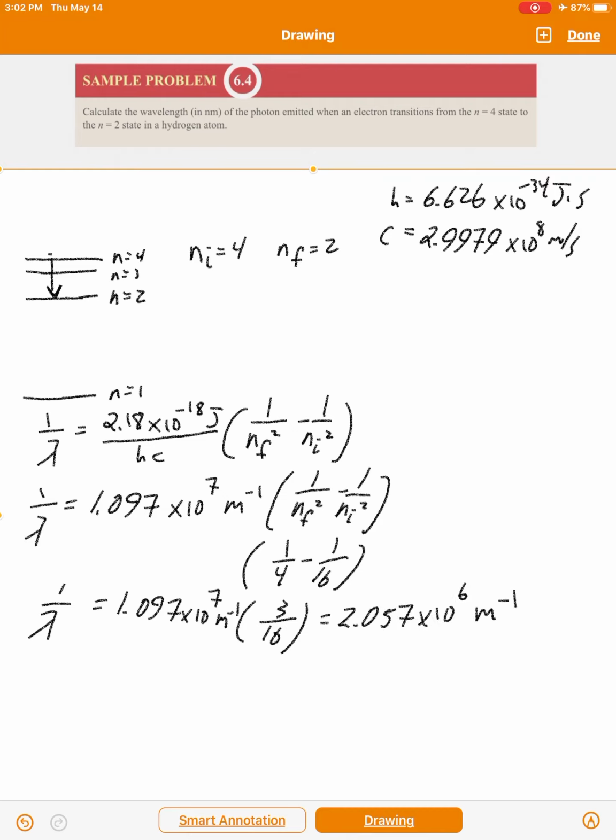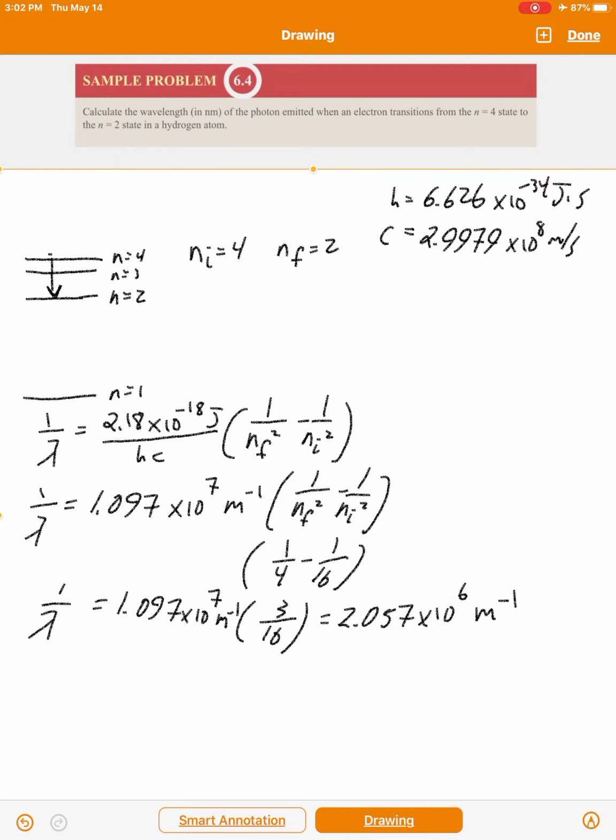Now, keep in mind the n values are unitless, so they're not going to affect the units. But we don't want to know 1 over wavelength, we want to know wavelength, so we've got to take the reciprocal of it. So 1 over lambda is just lambda, so we've got to take the reciprocal of both sides.